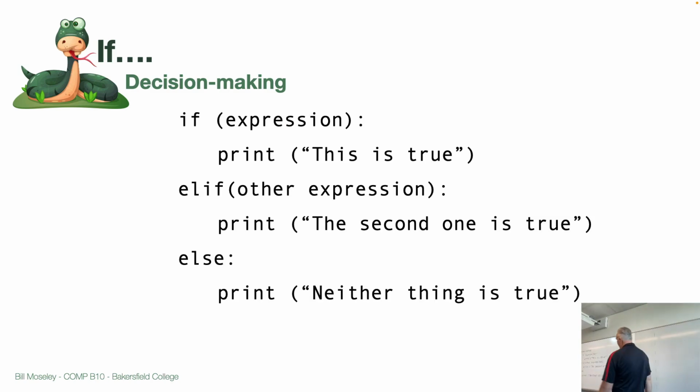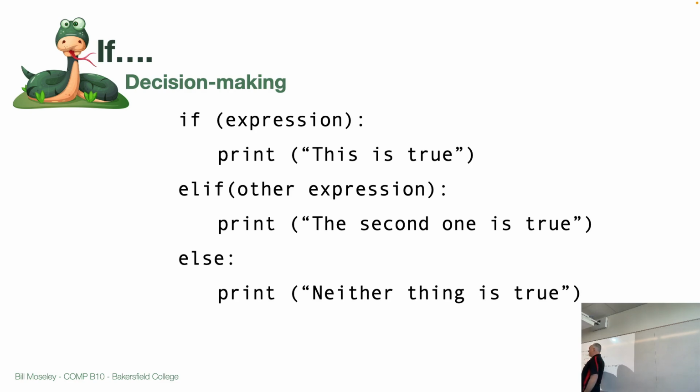Again, we have if with an expression, elif with an expression that shouldn't be true if this is true, right? These should not both be true at the same time. It's not necessarily going to throw an error, but it will behave unexpectedly. If this is true, it won't even look at this to see if it's true.